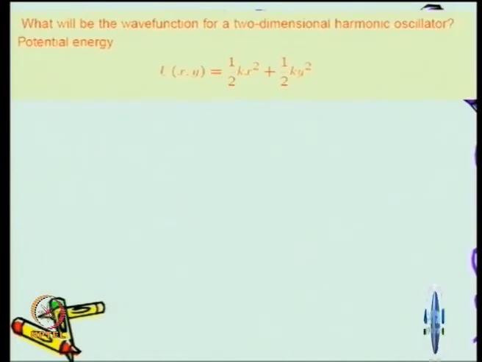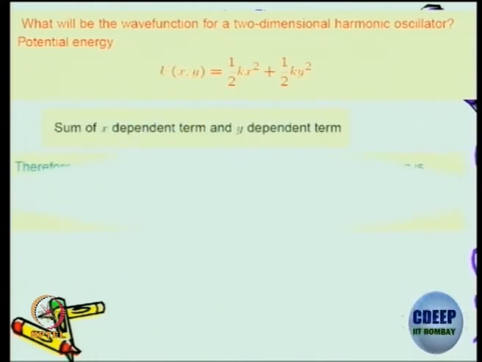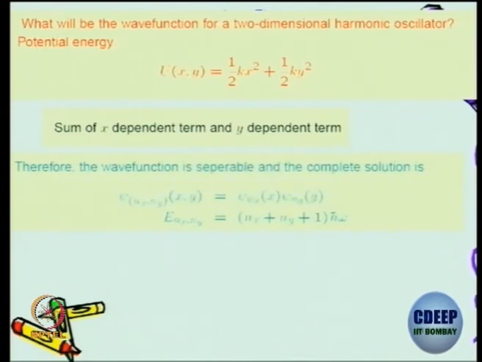So, same procedure. If you want to go beyond one dimension to the two-dimensional harmonic oscillator, is it separable or not? They are separable, right? Then you can write your solution with two quantum numbers nx and ny, and you could write the total energy also as nx plus half h cross omega plus ny plus half h cross omega.